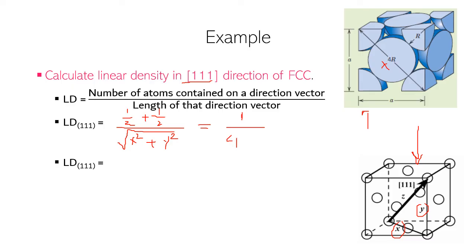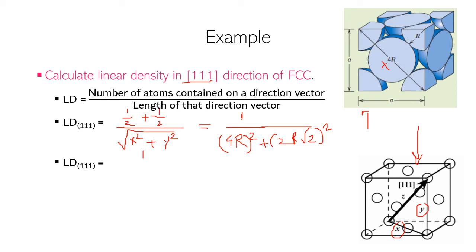So 4r whole squared, x is 4r, plus y equals the lattice parameter a, and we know that a is 2r root 2, whole squared.